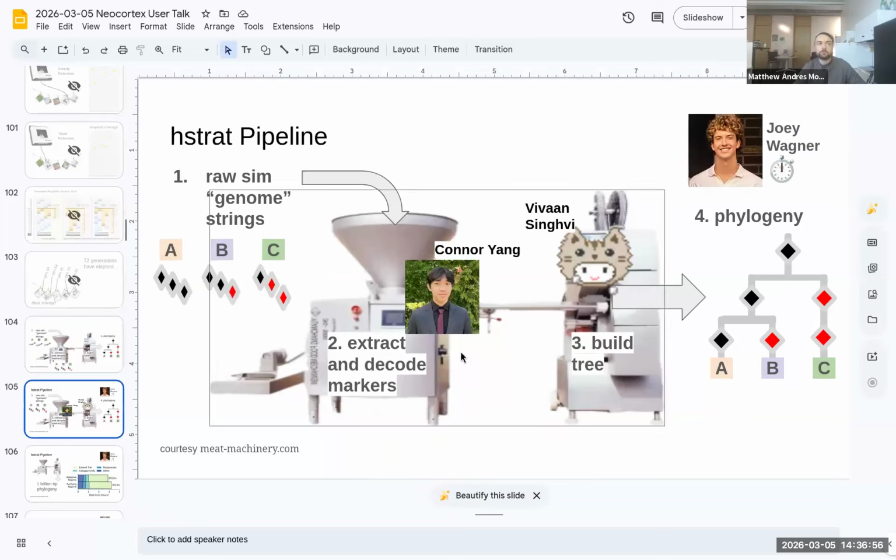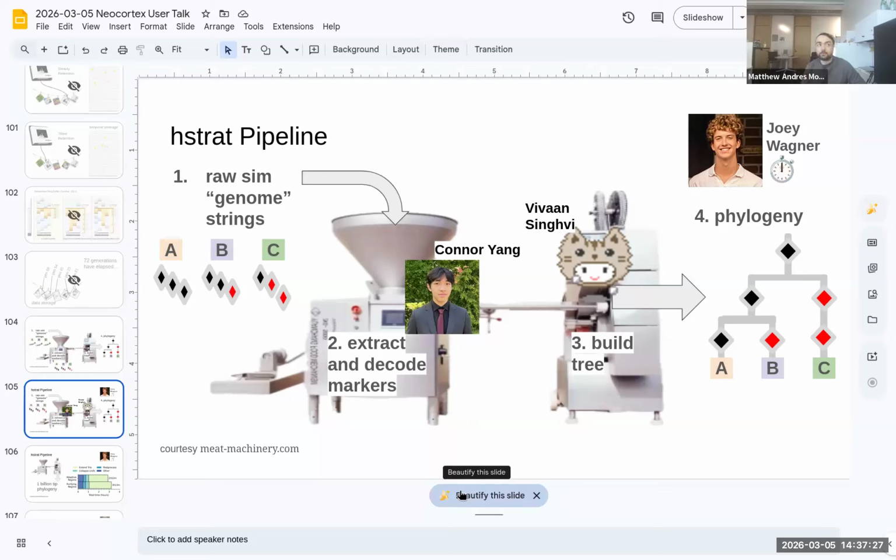And I've had some really great undergraduate researchers who have made contributions to different parts of this pipeline. Connor Yang has done some really great work with generalized ring buffer algorithms, figuring out how to, in a batched and vectorized way, decode and extract markers with high throughput from large numbers of genomes.